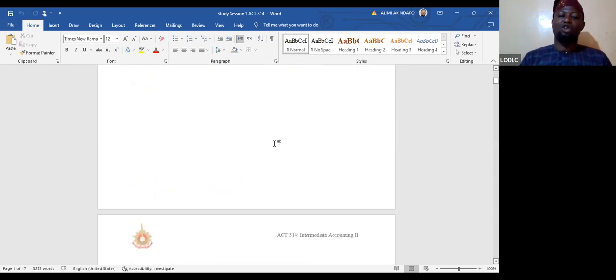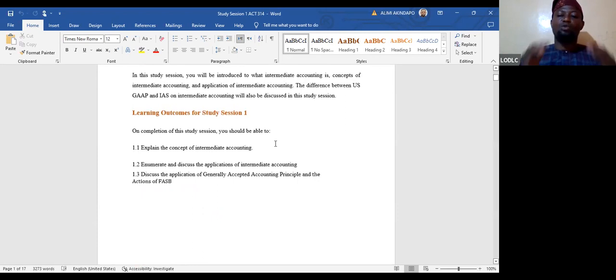This is what the students should be able to do at the end of this particular topic: explain the concept of intermediate accounting, enumerate and discuss the application of intermediate accounting, and discuss the application of generally accepted accounting principles and the actions of FASB.